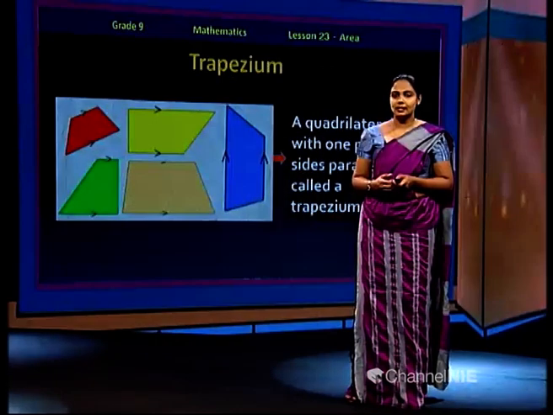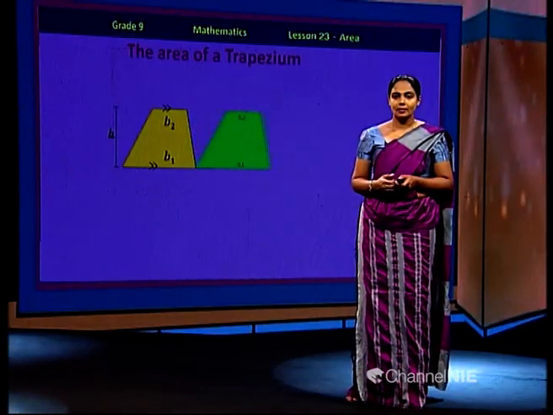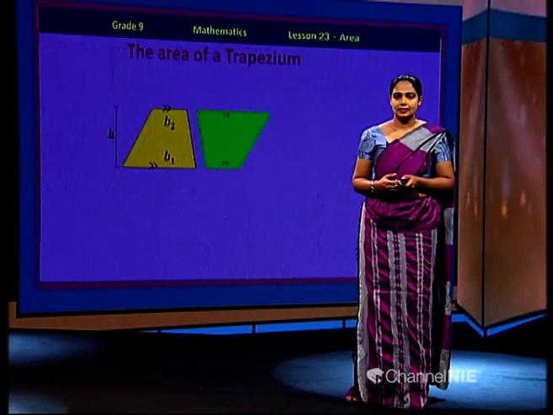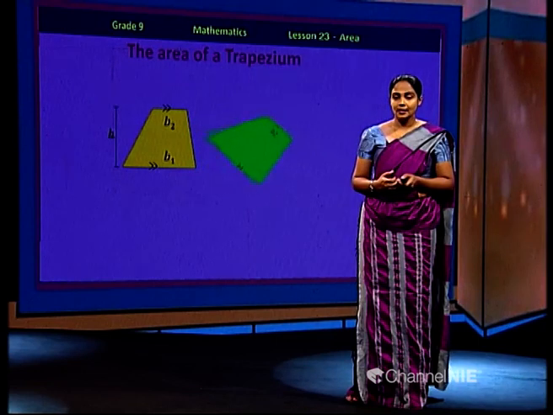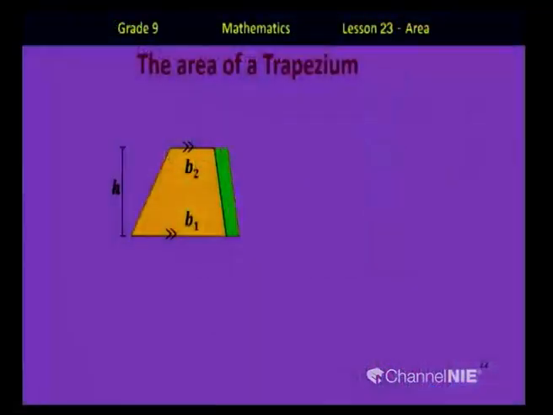Now let's see this one. There is a trapezium highlighted in yellow, and another trapezium the same as the first, also colored yellow.